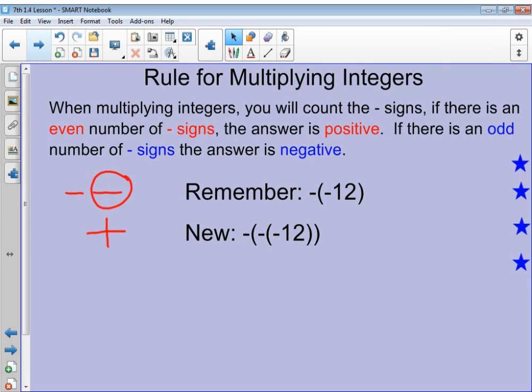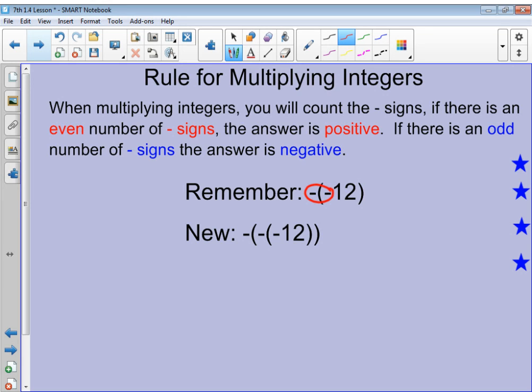Looking at the samples that we have here, back in lesson 2 or 3, I'm not quite sure, we worked with 2 negative signs right next to each other. So I've already introduced this to you. Anytime we had 2 negative signs, it's an even number, and we could turn one of them to make a positive 12.